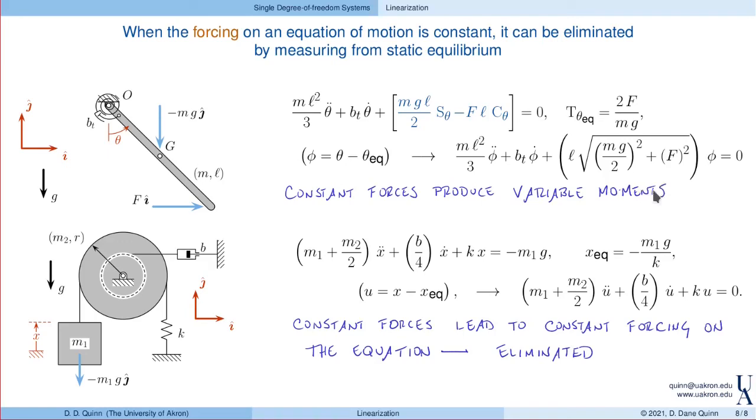If you look at the moment produced by either gravity or the external force, it depends on where the bar is. So if the bar is horizontal, for example, then gravity produces its full moment, and if the bar is vertical, then gravity produces no moment. If the bar was vertical, then the external force would produce its full moment instead. So because they produce variable moments, they cannot be eliminated.